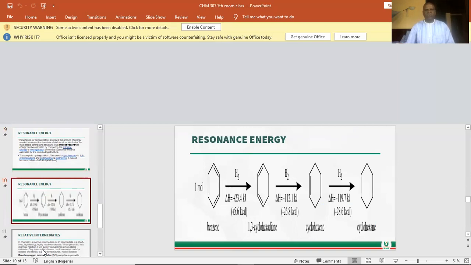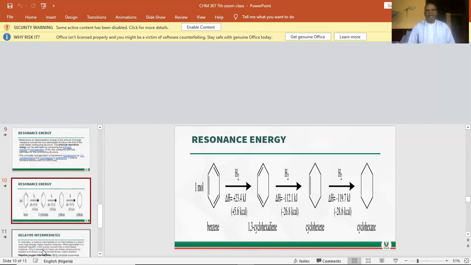Now, when we look at the structure before us, it tells you the amount of energy that is actually used for the conversion. First is that you have 1 mole of the benzene ring. So you undergo hydrogenation, hydrogen is added, and the energy involved is 23.4 kilojoules to give it the next structure.